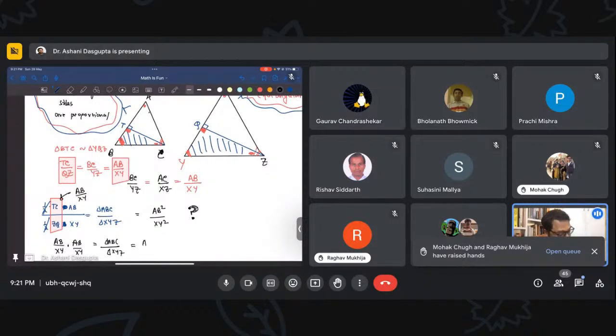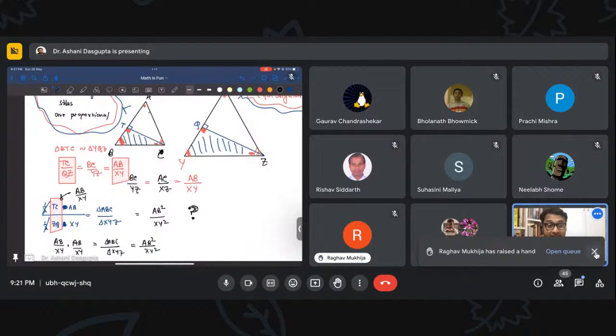So that is AB square divided by XY square. That's exactly what we tried to say, that if two triangles are similar, the ratio of their areas is the square of the ratio of the corresponding sides. That is something that we wanted to show.